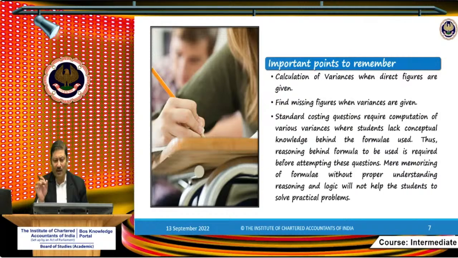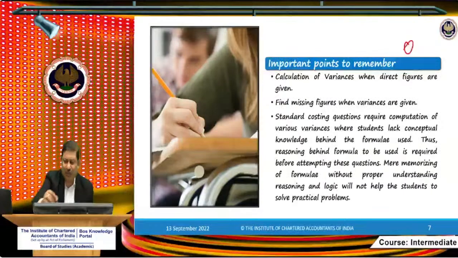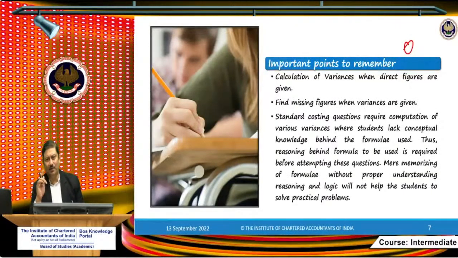Now, what are the areas in which you need to concentrate? Number one, practice as many questions as possible. Whatever questions are given in the study material, please practice all of them. Then the back exercise, then old practice manual questions, then RTP questions, MTP questions, the mock test paper questions, and previous year questions.